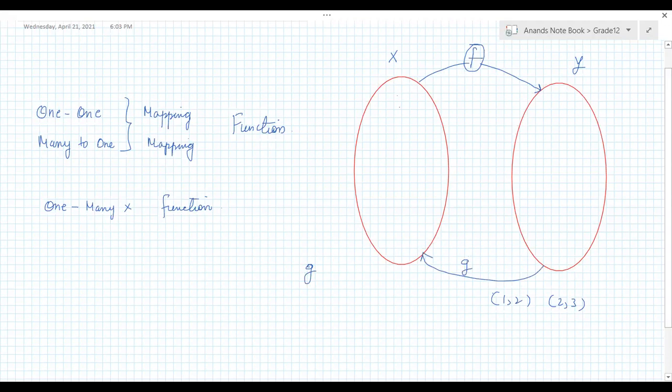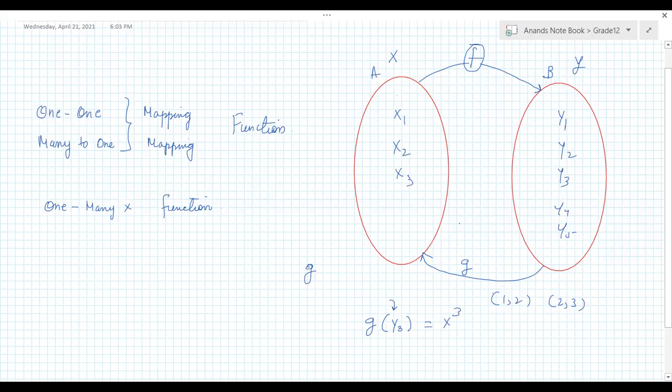So if I have x1, y1, x2, y2, x3, y3, and you give g y3 as the input, he is going to return x3. And g is defined on the second set B. That means you can give y1, y2, y3, y4, whatever are the elements in the second set, as a parameter to g.